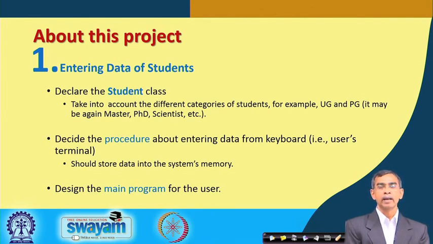And obviously, as you know, data entry for UG students may not be the same as data entry for a PG student like a research scholar. This is because there may be some methods which are required that are not required in the case of other categories of objects. Then we have to decide a procedure for entering data from the keyboard.